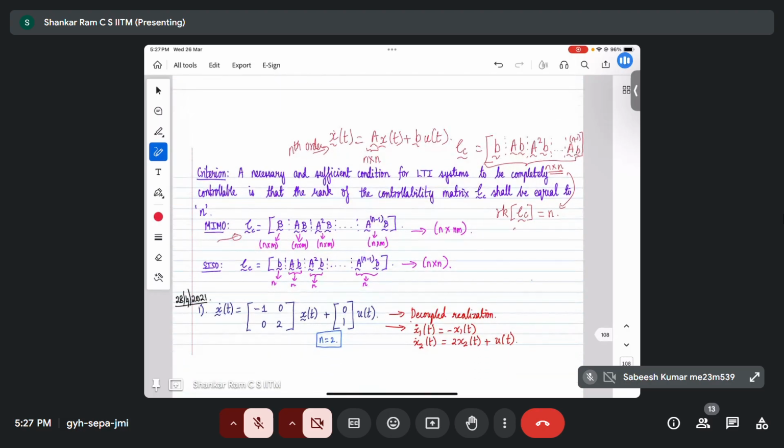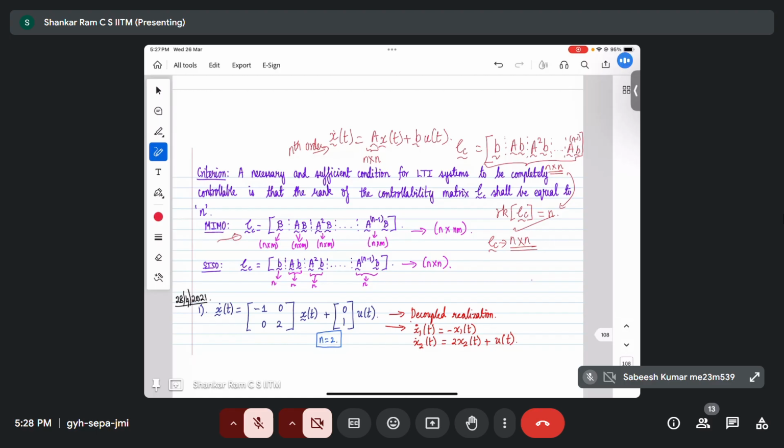That condition is applicable only when you have a square matrix, so the controllability matrix should be an n by n matrix. Rank being n means the determinant is not 0. Rank being n is the primary condition, so it's better to learn it this way. It's just another interpretation.